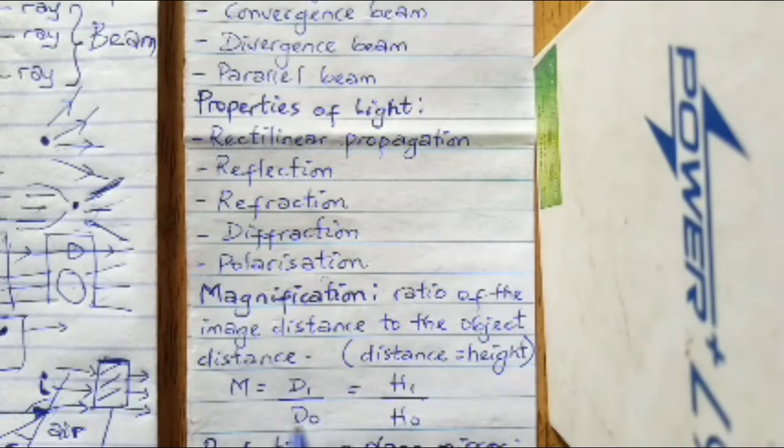So next we have magnification. Due to the ability of light waves to travel from one medium to another, in this case we'll be looking at plane mirrors, that is, reflection on plane mirrors.